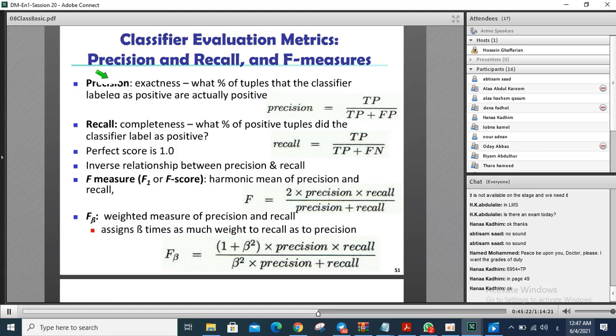For example, one of those measures is precision. Precision is equal to true positive divided by true positive plus false positive. We can say that precision is the percent of tuples that the classifier labels as positive, divided by all total actual values.